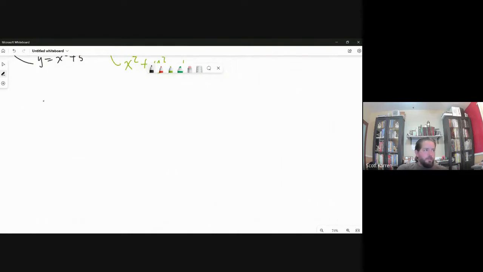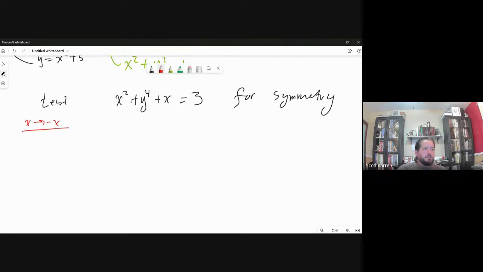You might just simply be asked, test the equation x squared plus y to the 4th plus x equals 3 for symmetry. Which means you have to do all 3 tests, right? So first I'm going to replace, let's say, x with negative x, and that is negative x squared.